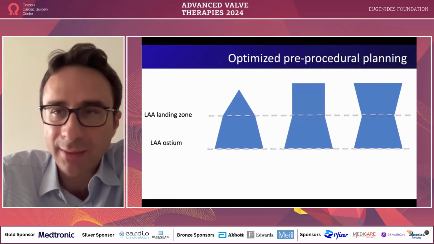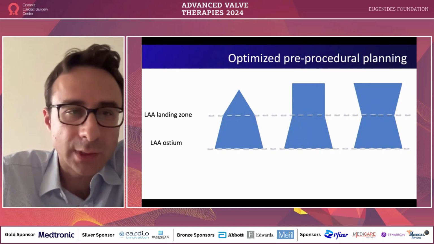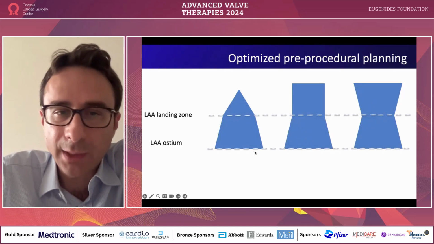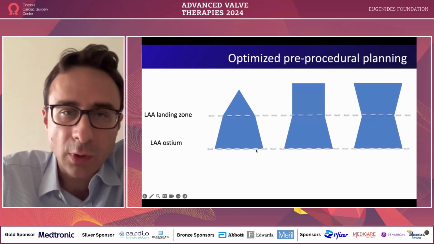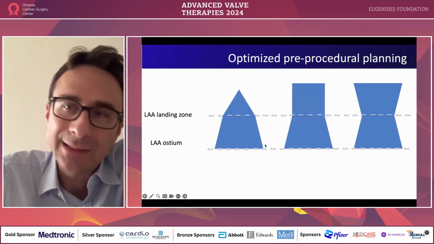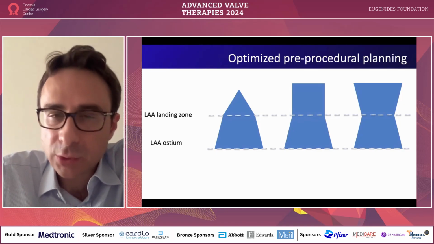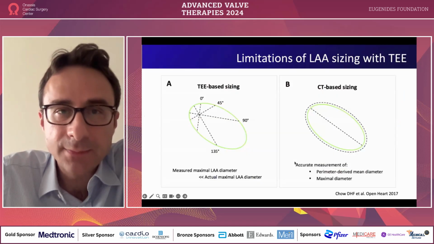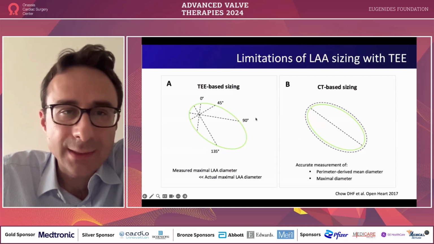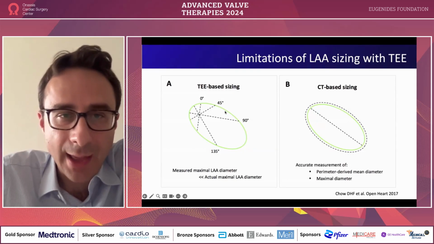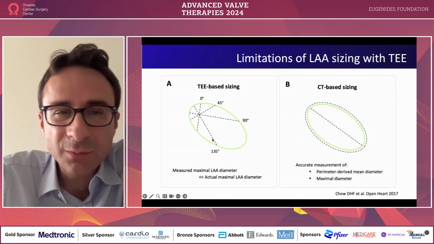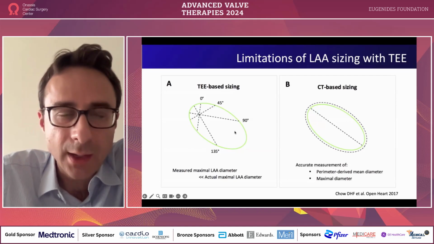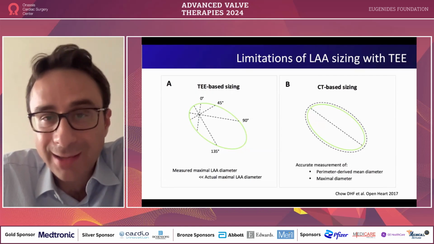So it's not only a matter of measuring the landing zone and the anatomical ostium, but it's more about having an idea of the wall dimension of the left appendage at different levels. And here we can understand why the transesophageal echo is probably not the most accurate way for pre-procedural planning.